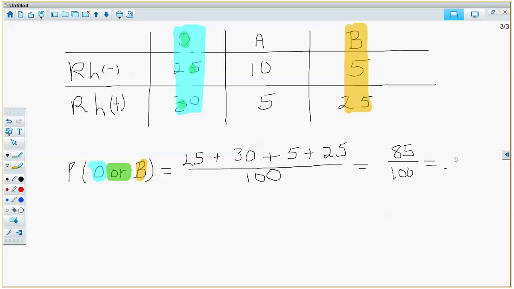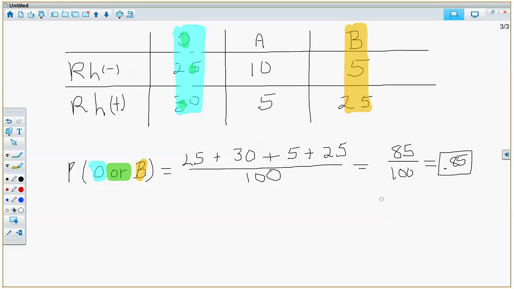If you were to put all these people's blood types on a piece of paper and put them in a hat, the probability of pulling an O or a B would be 0.85. Does that look like it would be true?